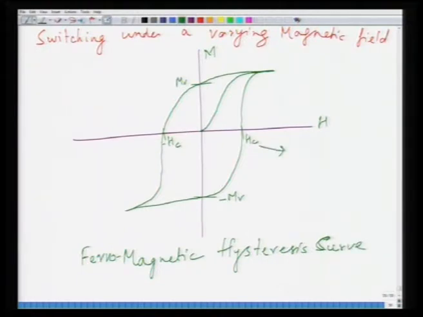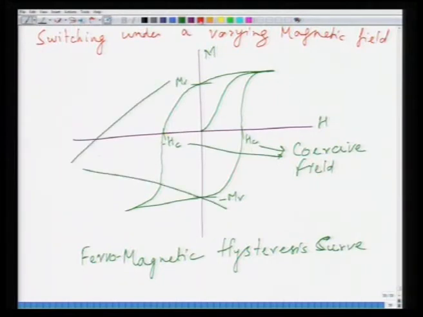And this Hc is again called the coercive field, Hc and minus Hc, and this Mr and minus Mr are called remanent.